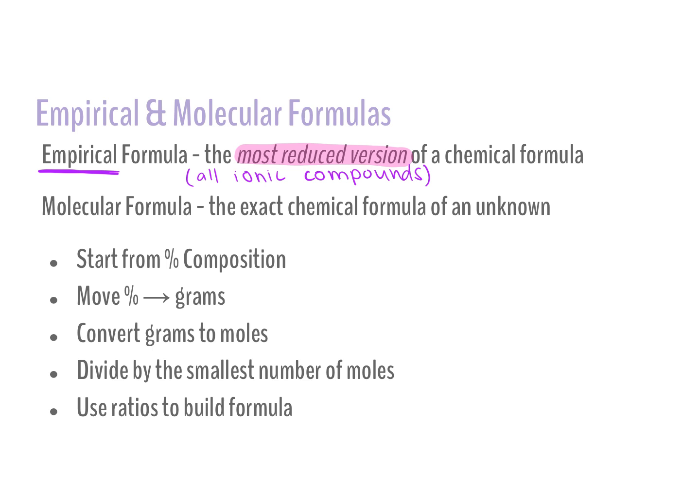They are the smallest ratio they could be. Okay, let me give you an example. If we had aluminum, which is +3, and phosphate, which is -3, we do not put that formula as Al3PO43, right? We reduce that down to be AlPO4.